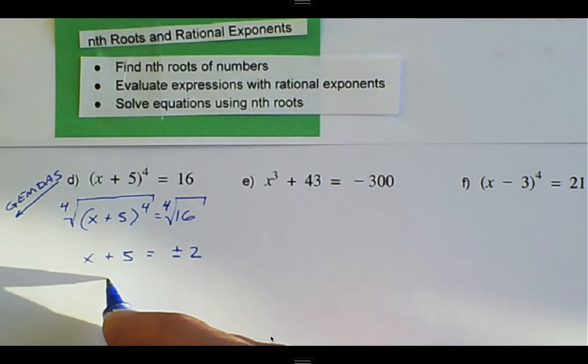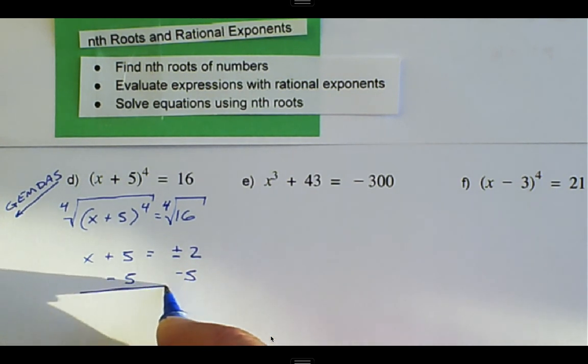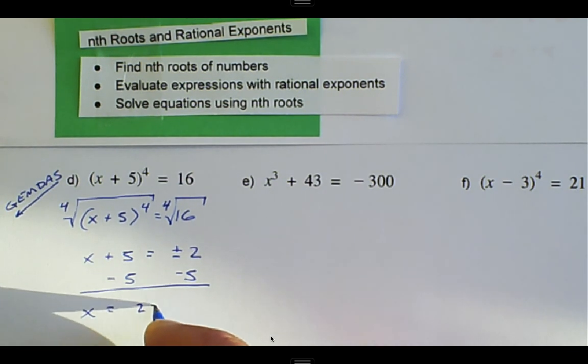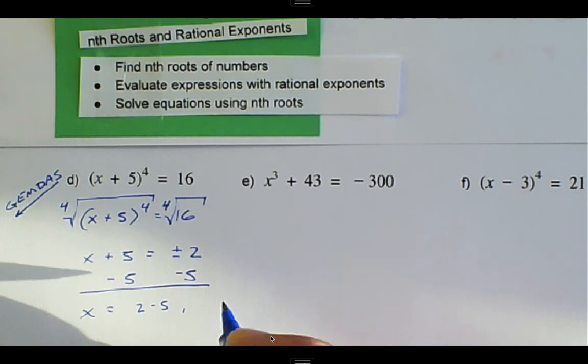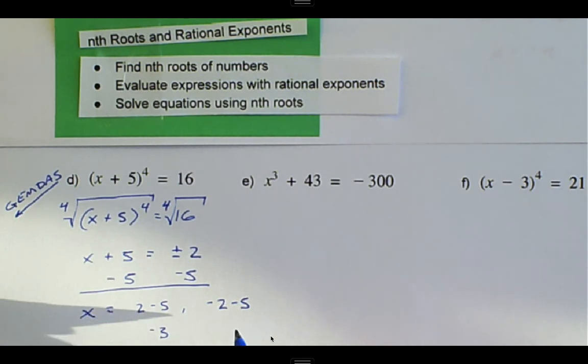And then we subtract 5 and subtract 5. So then x is going to be equal to 2 minus 5, and x is also going to be equal to negative 2 minus 5. So 2 minus 5 is negative 3, and negative 2 minus 5 is negative 7.